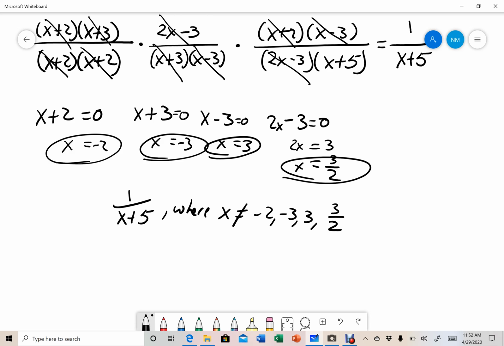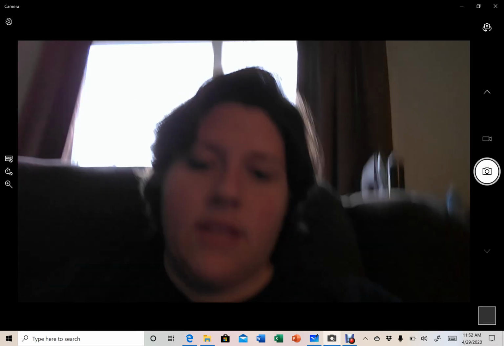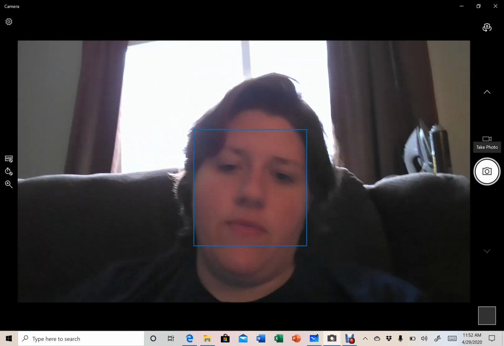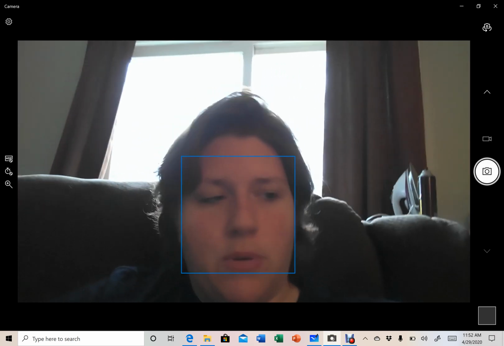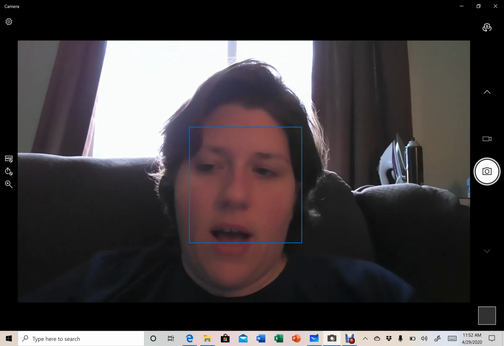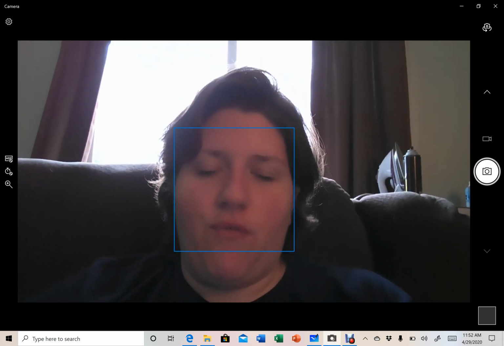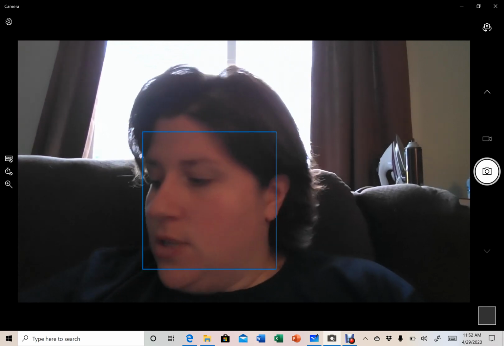Okay, so that's how we do that. Again, don't let the looks of these intimidate you. Just follow your procedural steps, and it shouldn't be too complicated if we continue to follow those as we're working through them. Okay, so that is division.